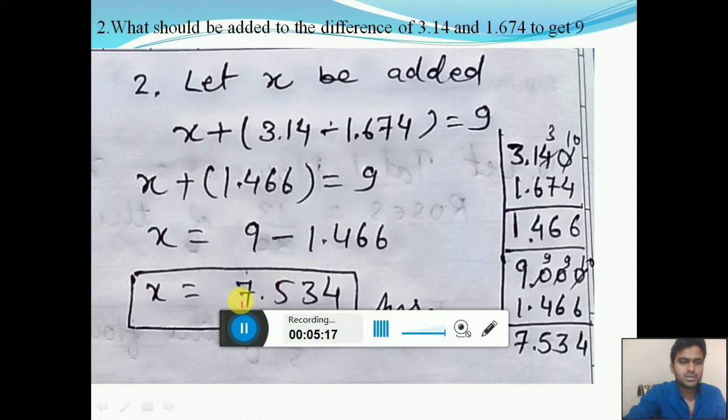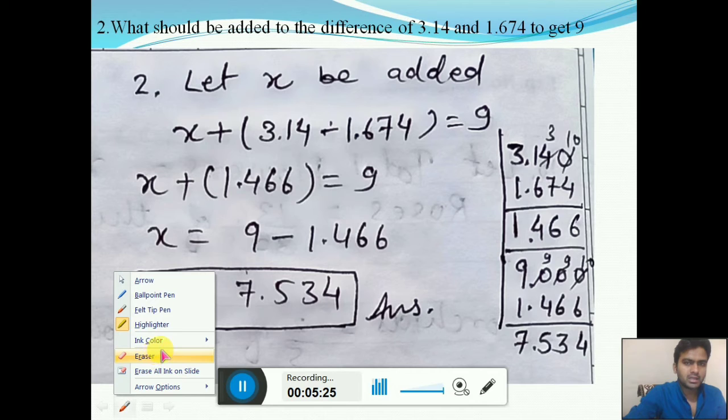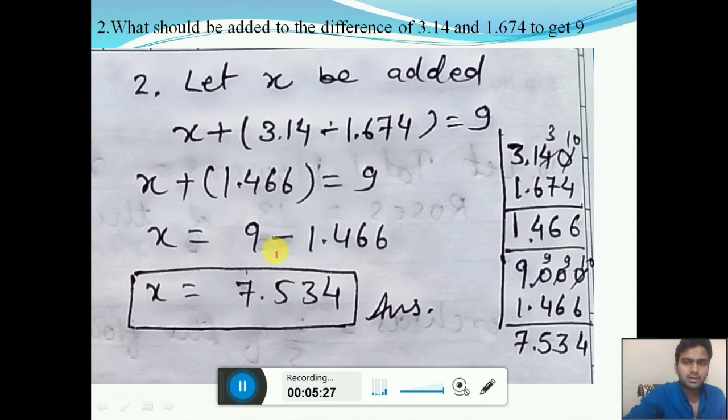Here is the solution. I have written x be added, x plus 3.14 minus 1.674 equals 9. So first we have to subtract these two. After the subtraction of 3.14 and 1.674, we got 1.466.